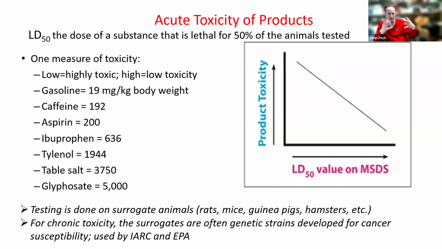Think about these common active ingredients we use in our everyday lives. One of the most toxic substances is gasoline, and yet once a week I go to the gas station and put gas in my car. One of the most toxic substances that I'm aware of, in addition to Botox, is aldicarb. Aldicarb was a product that I used in a greenhouse to control whiteflies on poinsettias and geraniums.